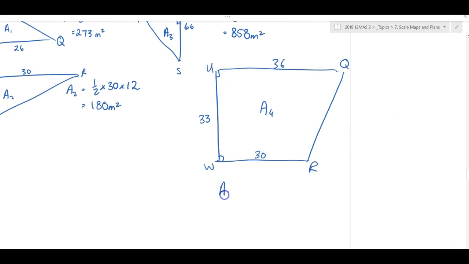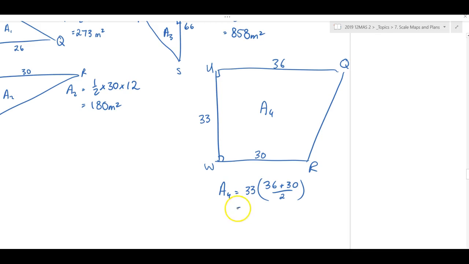Now, area 4 equals the area of a trapezium. Personally, I find the best way to remember this, there's all sorts of different formulas that all do the same thing: the average of the two parallel sides multiplied by the distance between them. So the average of the two parallel sides, that's (36 plus 30) over 2, and multiply that by the distance between them, that's my 33.